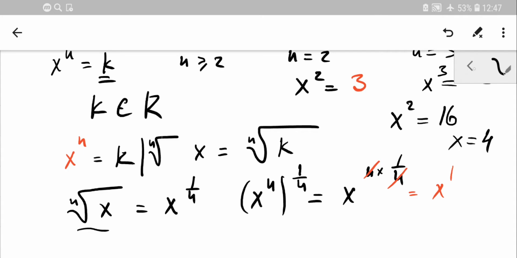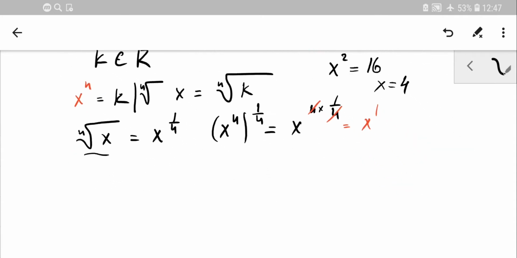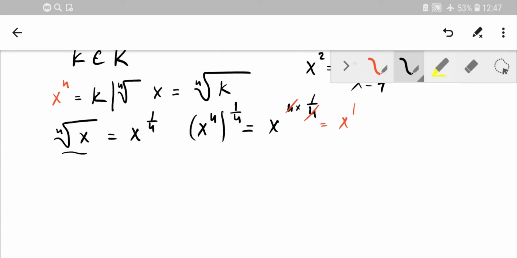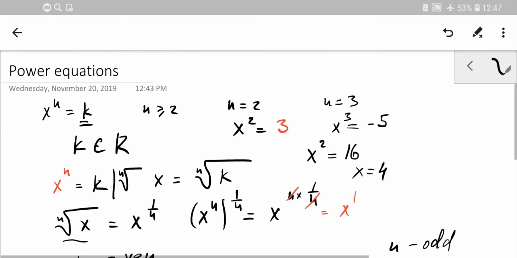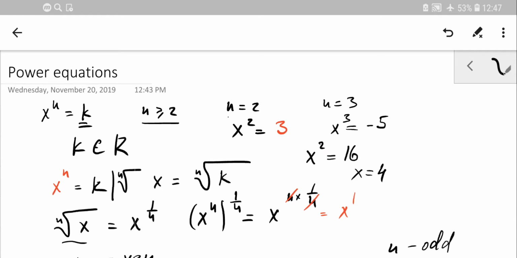Okay, now pay attention to what details might be here. We need to consider n as even and n as odd. We consider n powers that can be only integers, so we don't care about other in-between numbers like decimals or rational numbers.